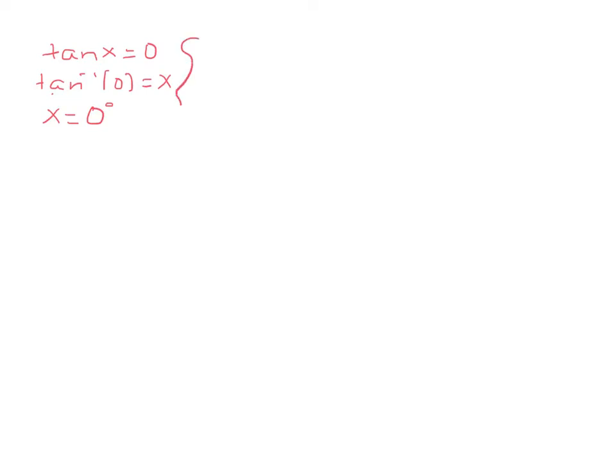Then, when does the tangent, so I'm going to do tangent of x equals positive or negative square root of 3 over 3. So tangent inverse, square root of 3 over 3. Let's see.